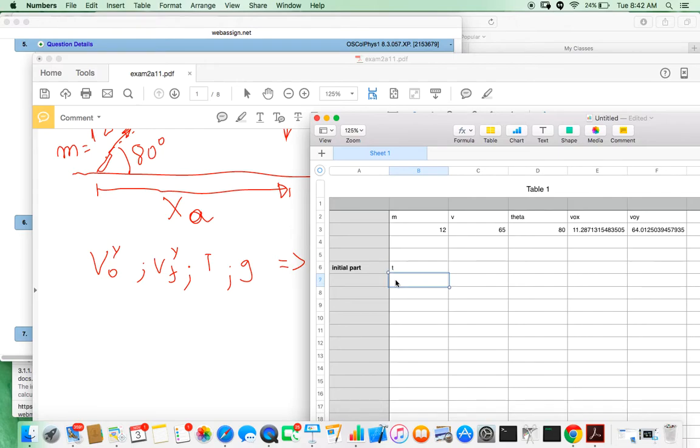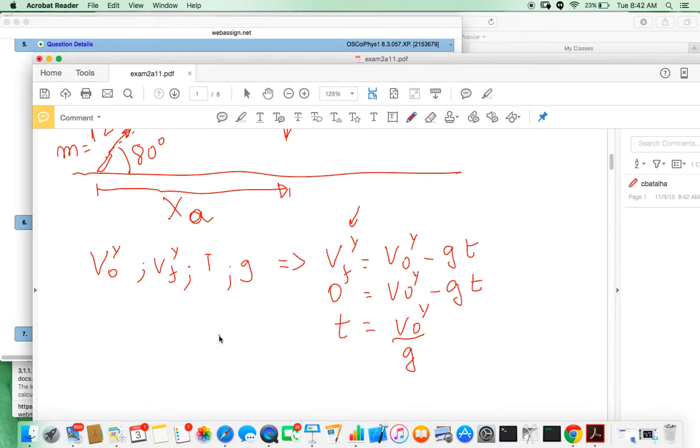So the time is equal V naught y divided by g, 9.81. Kaboom. So the time is this much in seconds. But if you find the time, so in projectile motion, we have two projections. Remember that? X projection, Y projection.